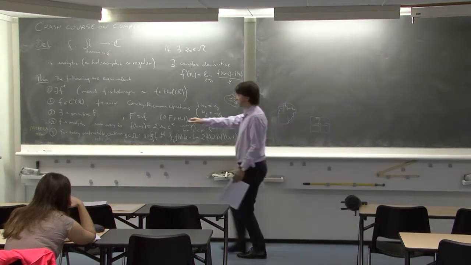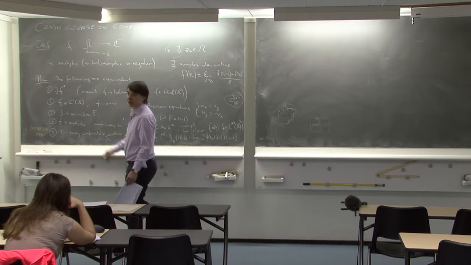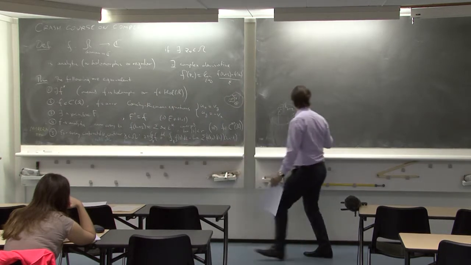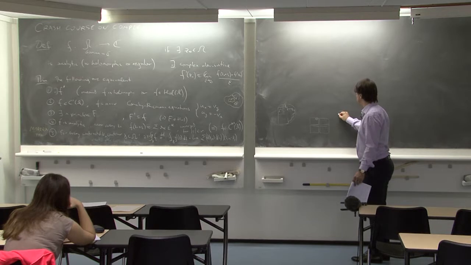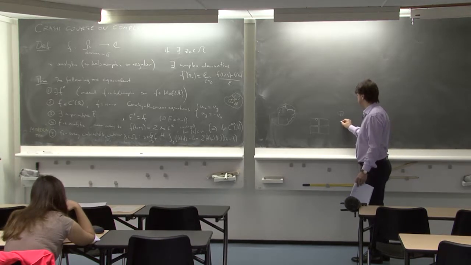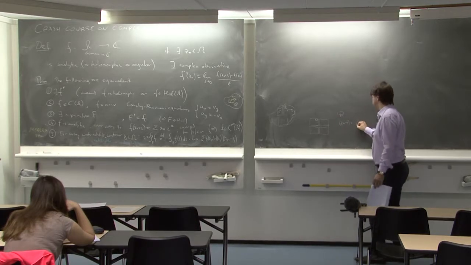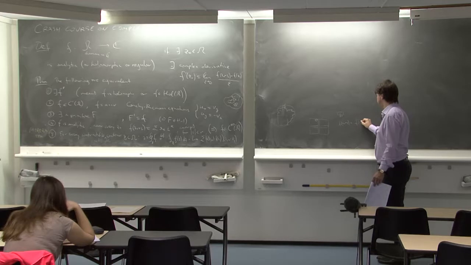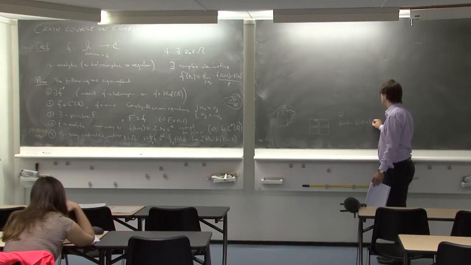Why? Because f has a complex derivative. If z0 is at the center, what is f of z0 plus epsilon? It's f of z0 plus epsilon f prime of z0 plus small order terms.